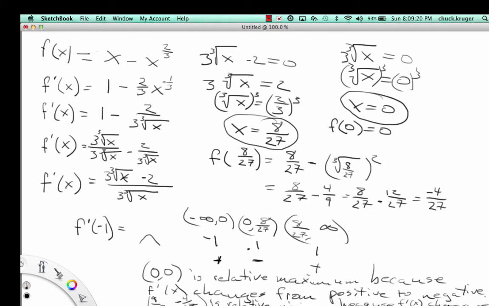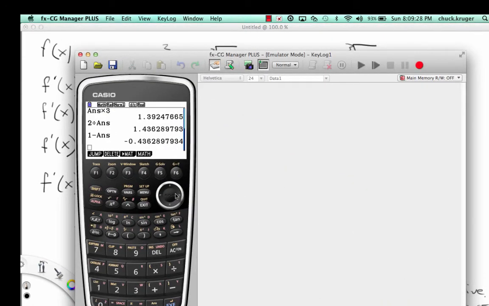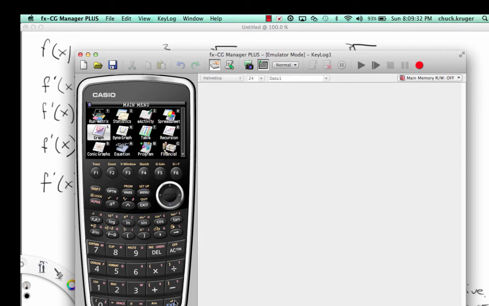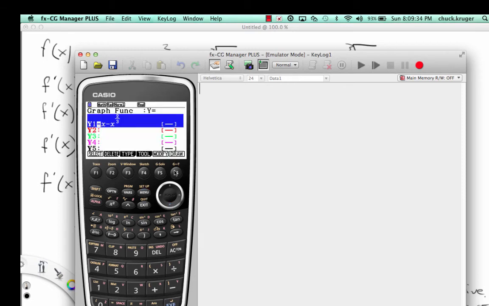Okay, now let's bring up that calculator I had before. See if I can find it here. I did have that graph here, and we're going to draw this. There's the graph.